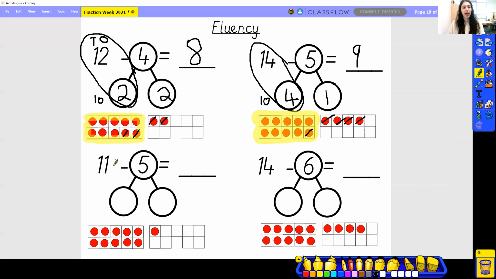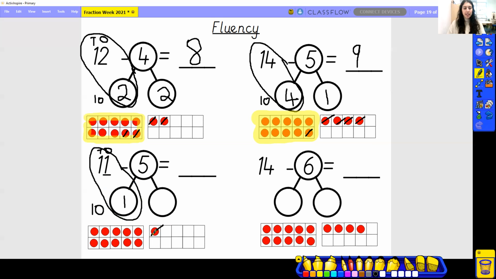Brilliant, well done. 11 take away 5. So once again, we're going to make 10. What do I need to subtract from 11 to leave me with just my whole 10? Well, hopefully you can see that the number 11 has got 1 one. So to be just left with that 10, we need to subtract 1. There we go. But remember, I didn't want to just subtract 1. I want to subtract 5 altogether.